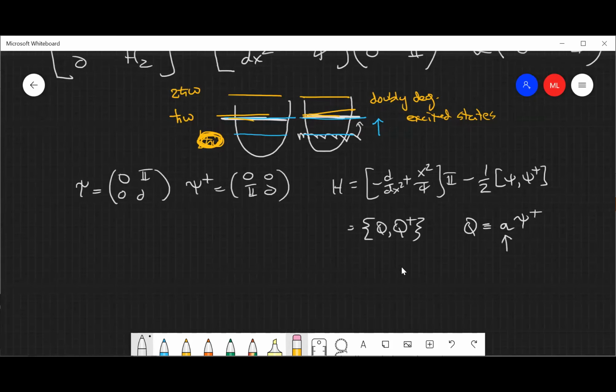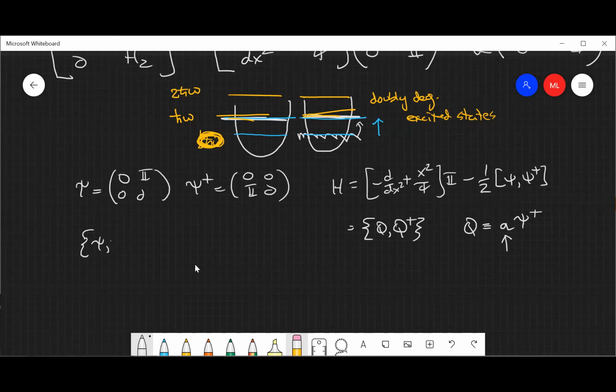This is the Q that flips us from even parity to odd parity states. If we think about it in terms of second quantization, this is a fermionic type operator. Why? Because you can show that it obeys fermionic anti-commutation relations.